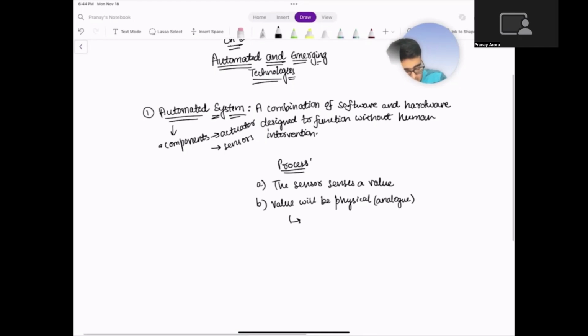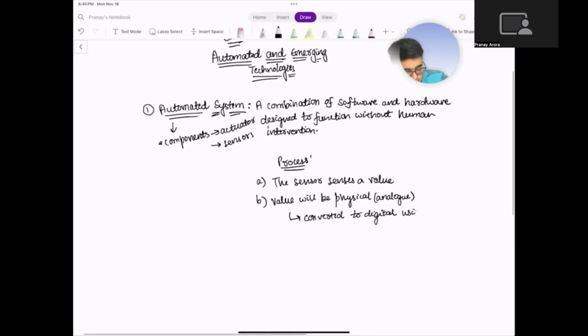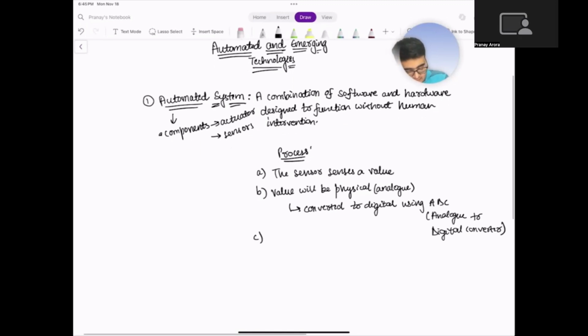This will then be converted to digital using an ADC, which is an analog to digital converter. Then there will be a comparison with a preset value.